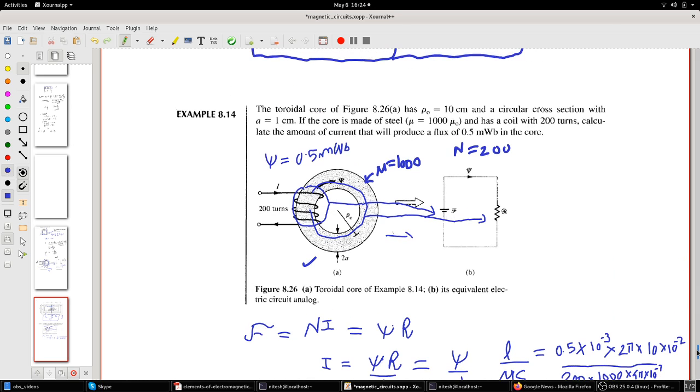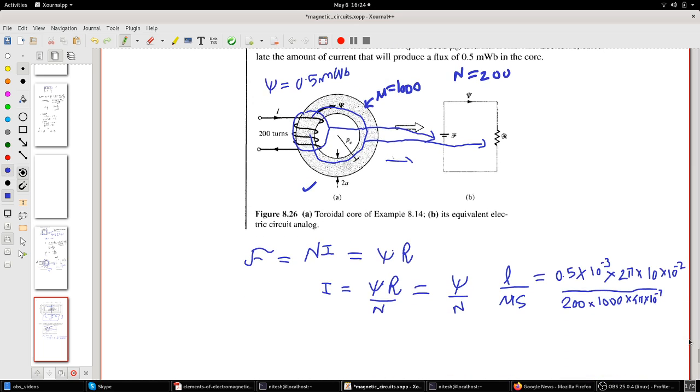A is given as 1 centimeter, so pi into a square, which is 10 raised to minus 4. So this is what we will get as the value.